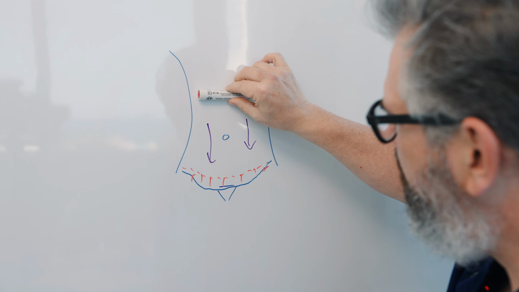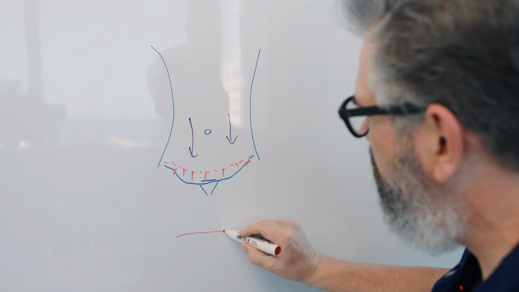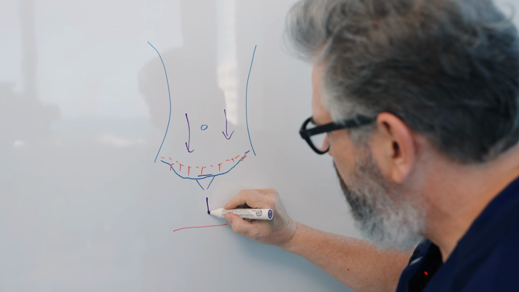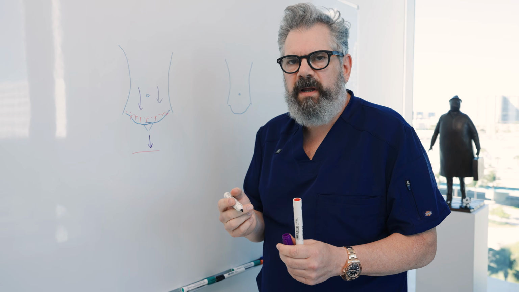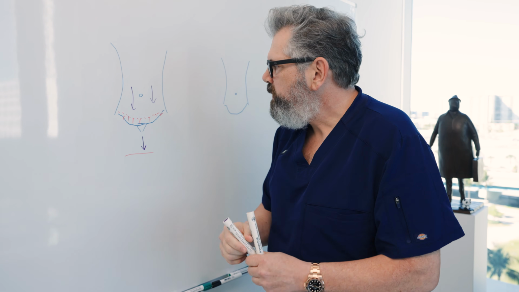Because most of the extra skin is coming down this way, so we make the incision this way. So when we have extra skin in this direction, which most people do, then most people will get a traditional tummy tuck, which is a single horizontal scar.